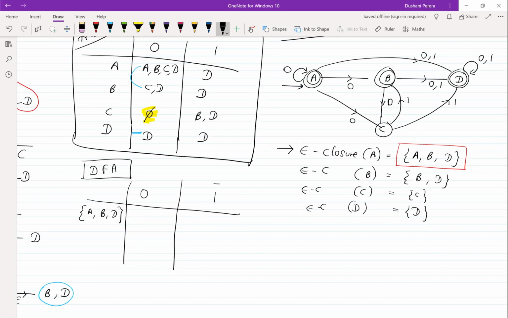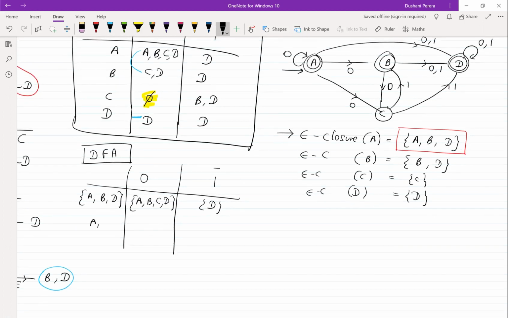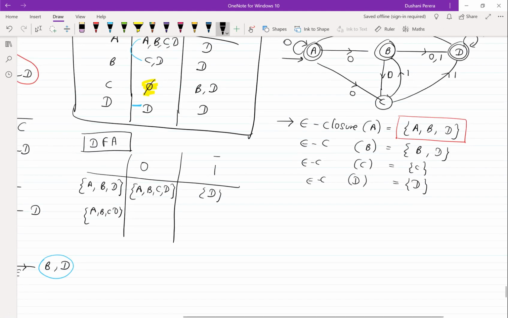Okay, so here when you take 0, you come to A, B, C, D. Okay, that is going to be that. And then when you get 1 upon A, B, D, you come to D. Then choose the new state that you got, A, B, C, D, all together.